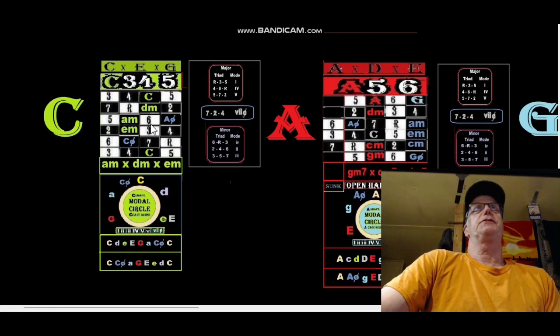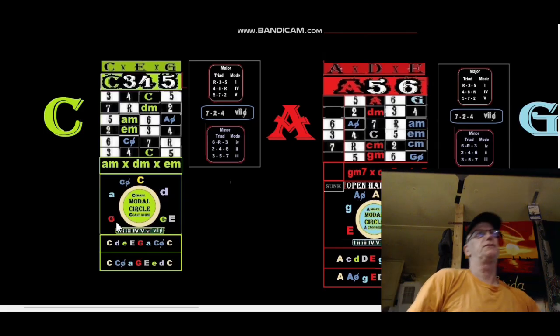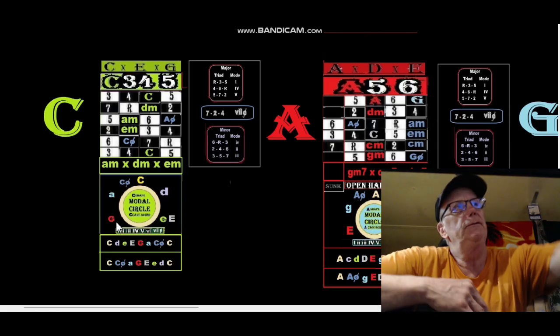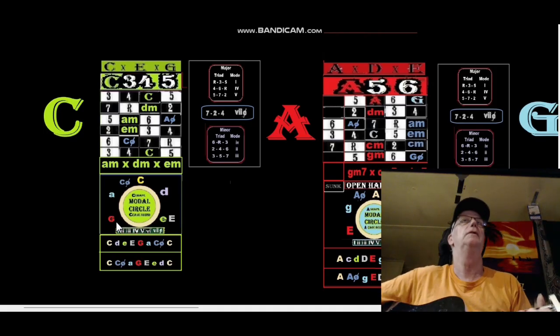With the cage system, we have the short boxes, the C box. We have the modal circle in the C box, C, D minor, E minor, okay, all that stuff. Mr. Capo is always ready.